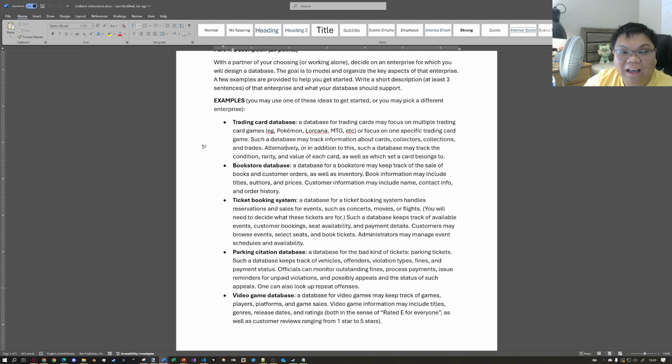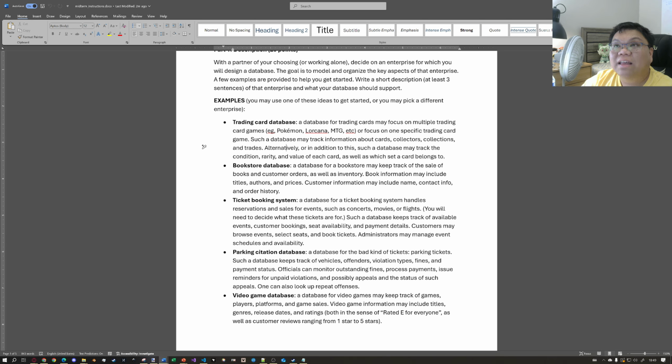So this is just one of many applications you can write a database for. Other applications include a bookstore database so you can keep track of inventory and people's orders. Another one is a ticket booking system so you can keep track of events if these are tickets for events at venues, or the other definition of a ticket in this context would be airline reservations.